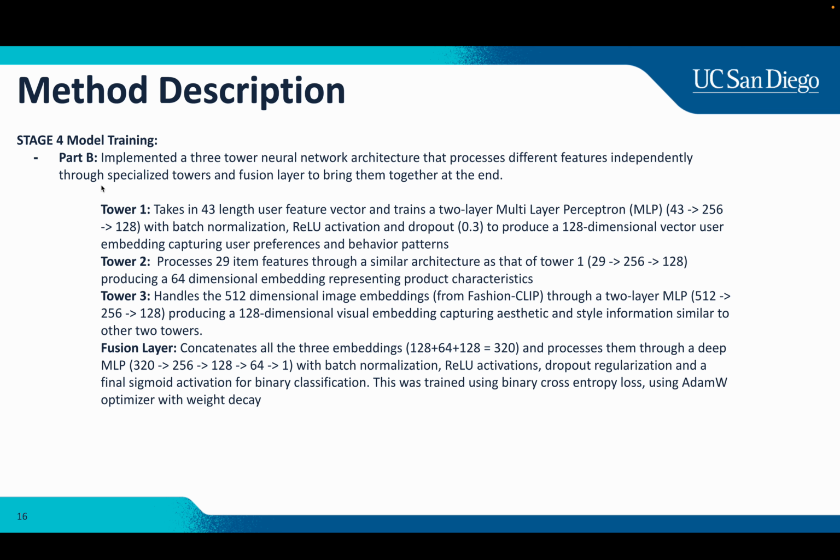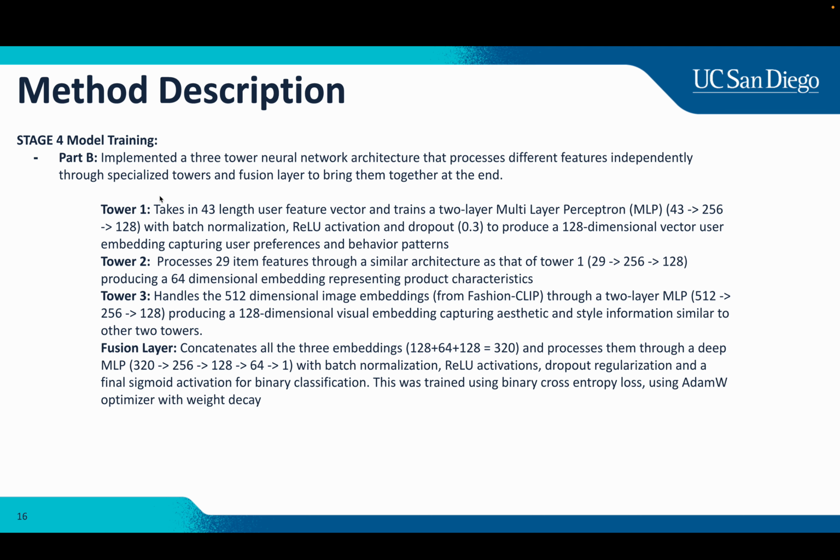The second part of the model training was to use neural networks. So I used some sort of a three tower neural network, let's say, if not a three model neural network. Every tower was trained independently to understand the inherent latent features based on the user features.